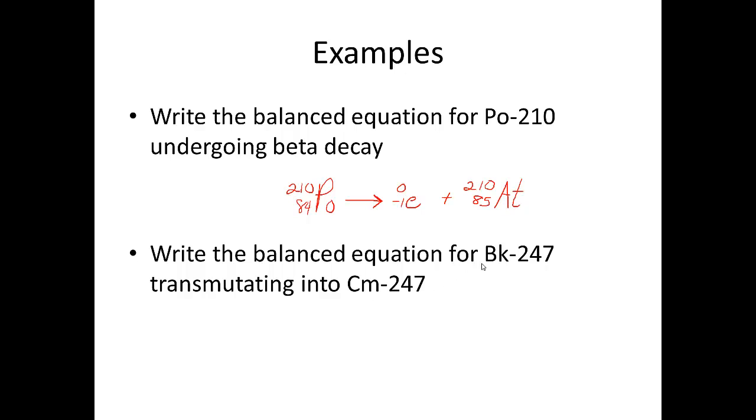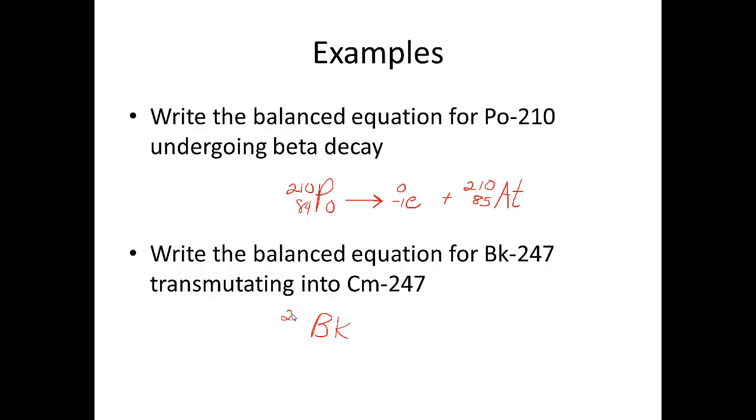Well, sometimes it can look a little bit different. This time I give you the starting and ending, but you have to figure out what's missing. The math doesn't change. So I always start, okay, what do I have?